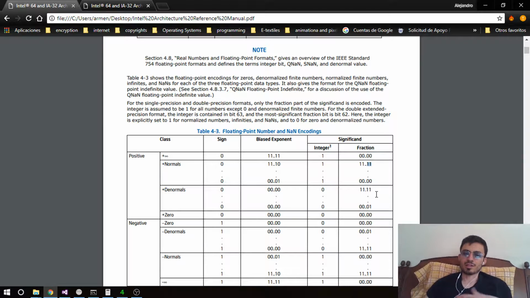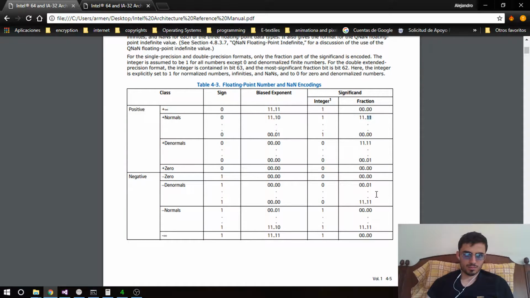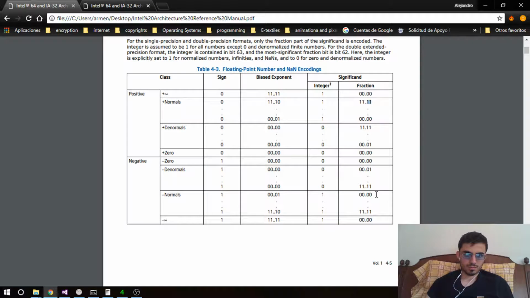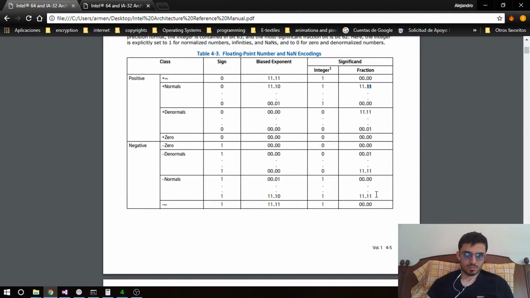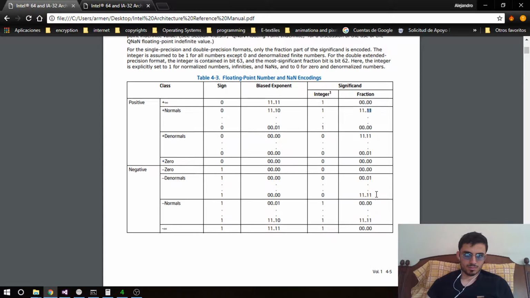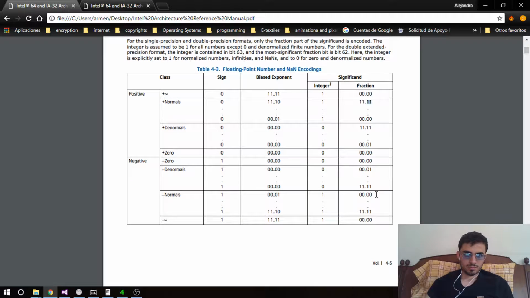So yeah, because if it's denormalized, it cannot be 1. And there's this kind of notion of a bias exponent, which I don't know what it is.